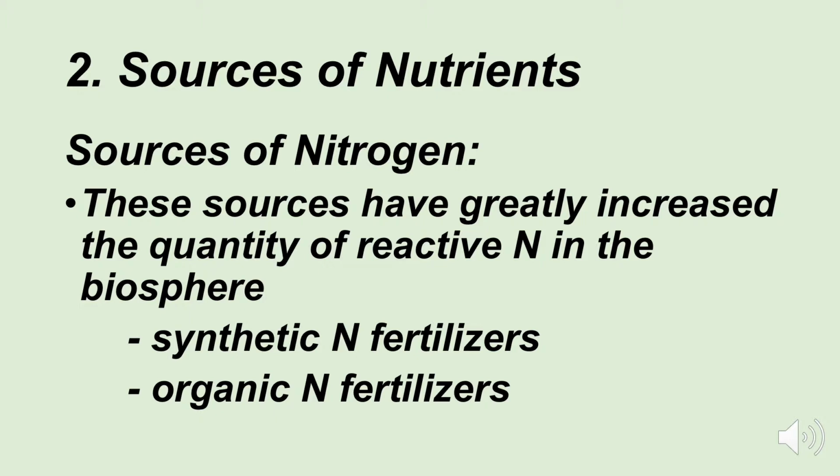For instance, the manufacture and use of synthetic nitrogen fertilizers, and even the use of organic nitrogen fertilizers, put nitrogen into the environment. We manufacture large quantities of nitrogen fertilizers because that's how we feed 7 billion people on this planet. Without synthetic fertilizers, we could probably only feed 2 billion people.